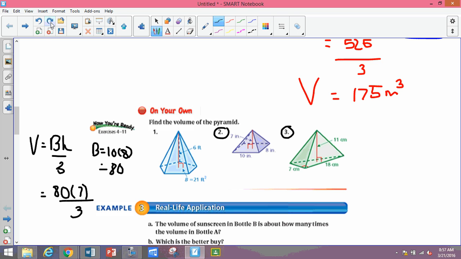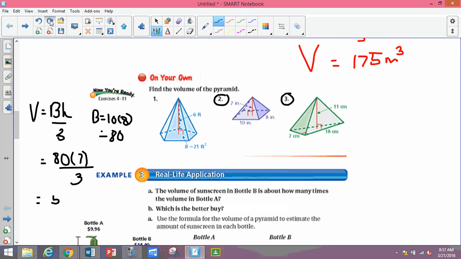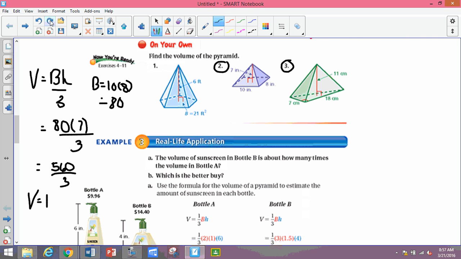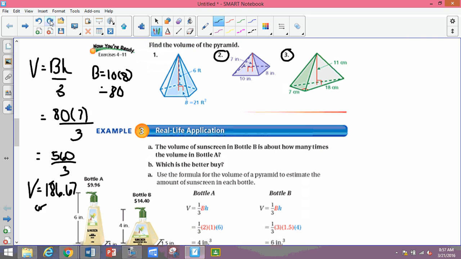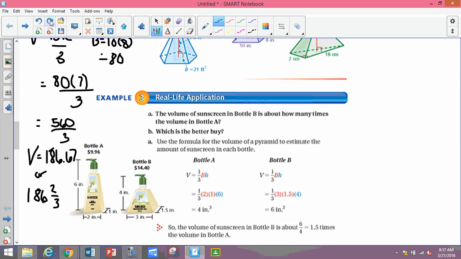So now our capital B is 80 times 7, which is the height of our pyramid, divided by 3. 80 times 7 is 560. Divide that by 3, and you get 186.67, or actually a repeating 6. I prefer to write that as a fraction, 186 and 2/3, because that's the most accurate way to write that repeating decimal. And you end up with inches cubed.